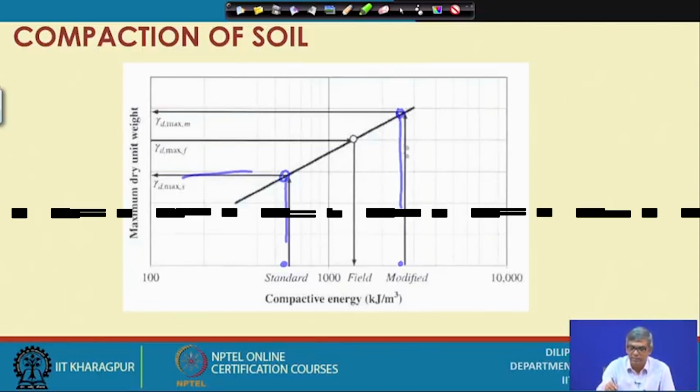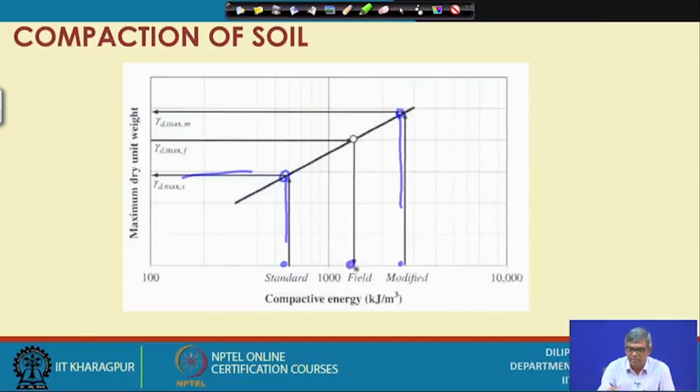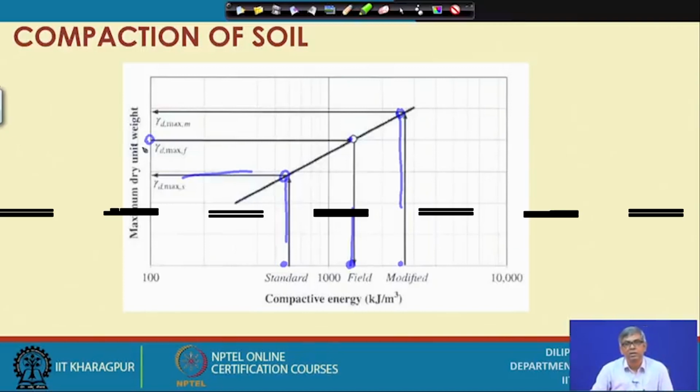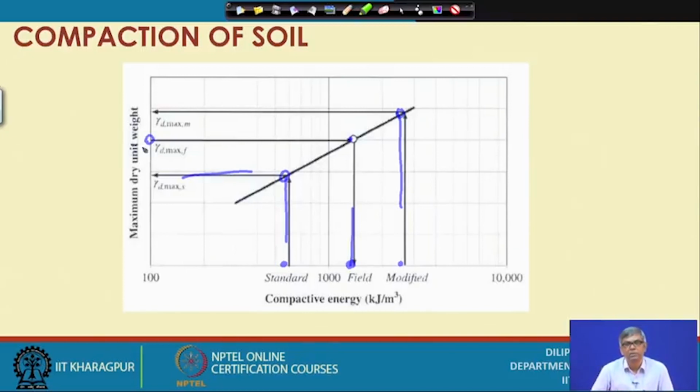Suppose I use some other energy somewhere here, then I project onto this line, and from here I can get the dry density I can achieve with this variation of energy. That can be obtained if you already have some data. Because these are all standard energies, if you want some other non-standard energy, or some definite energy, the dry density that can be achieved for that energy can be obtained by this.